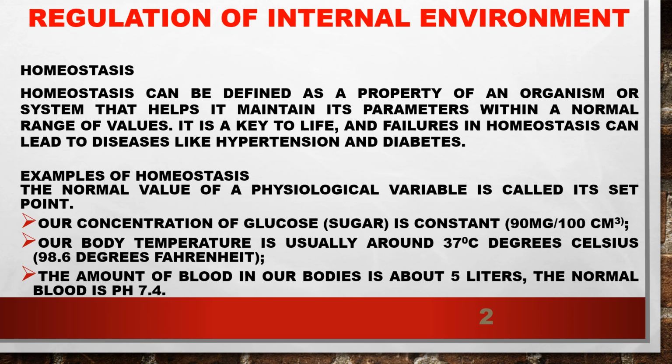So therefore homeostasis in short means the process by which our body system maintains the level of internal parameters such as blood glucose, temperature, vitamin content, minerals, and the rest of them.